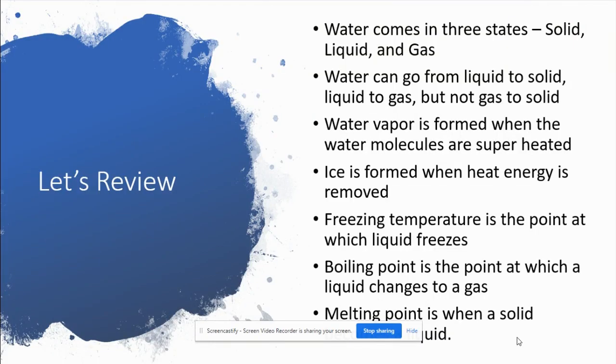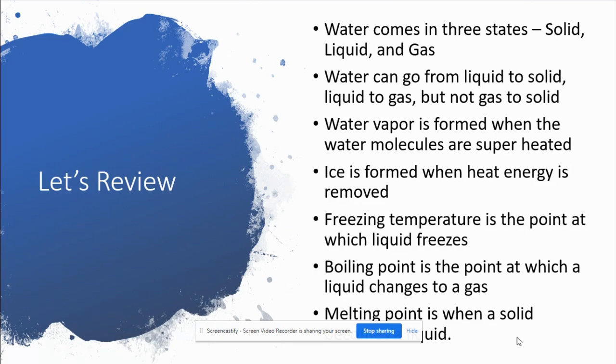All right, let's go ahead and review. Water comes in 3 different states: solid, liquid, and gas. Water can go from a liquid to a solid or a liquid to a gas, but it cannot go from a gas to a solid. Water vapor is formed when the water molecules are superheated, become super excited, need to escape, and rise out of the water.